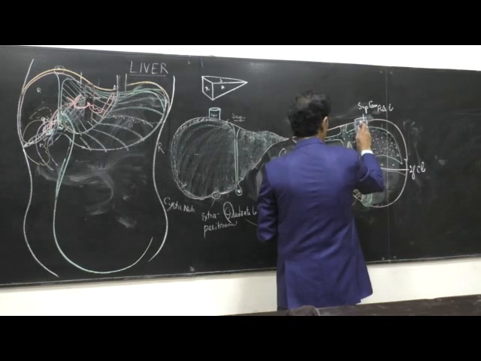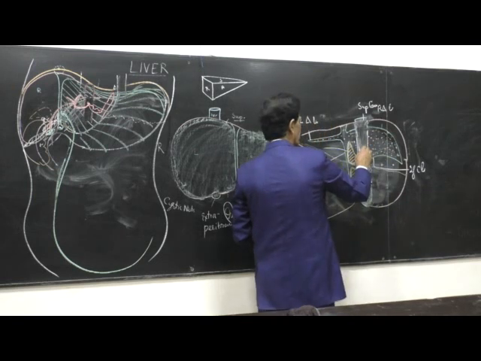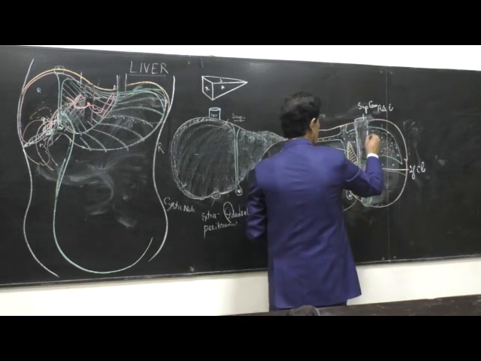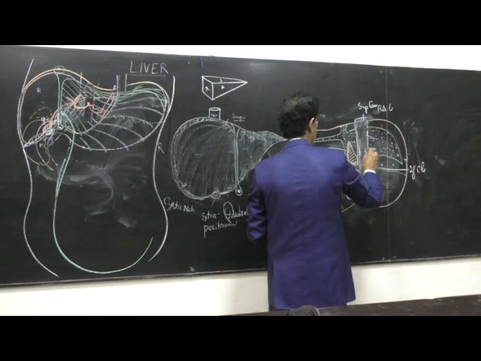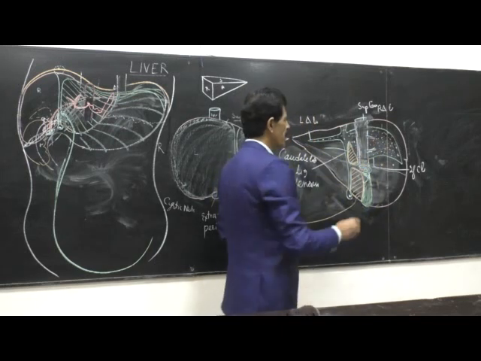So 1.5 kg of the weight of the liver cannot press the inferior vena cava because it lies in a groove. Then two veins from the right lobe of the liver, that is the right hepatic veins, they open and pour their impure blood into the inferior vena cava.